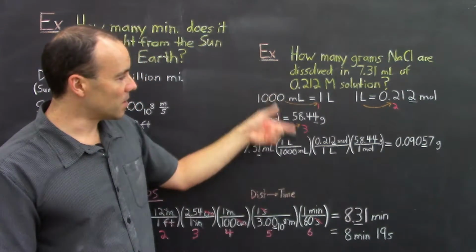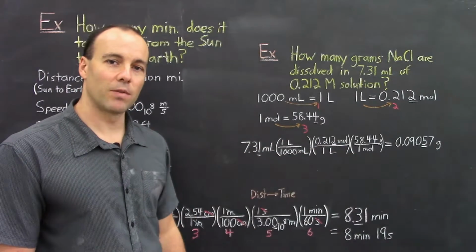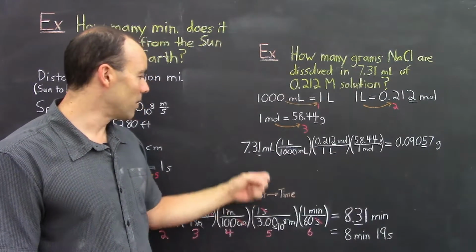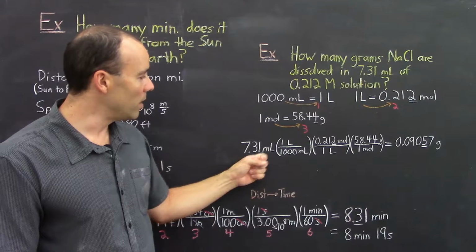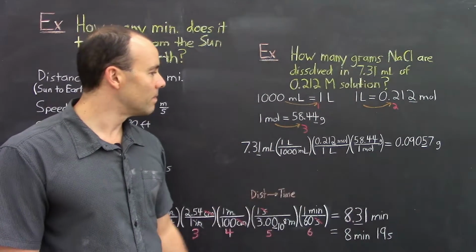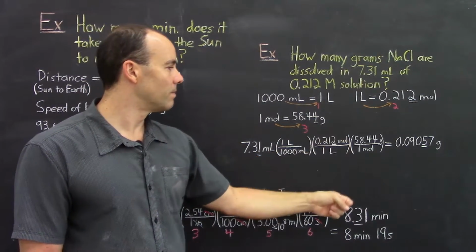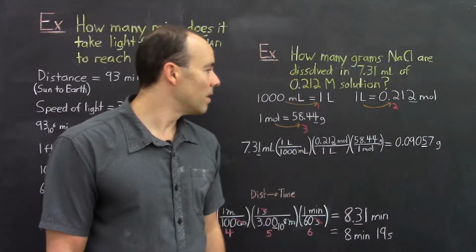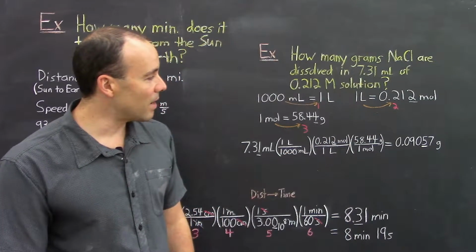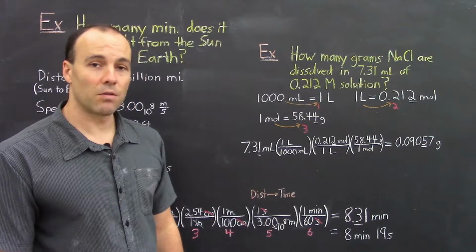We see this will take us 3 steps, so that means 3 conversion factors. Starting with the milliliters, we convert that to liters, then convert the liters to moles, moles to grams. And we end up with 0.09057 grams.